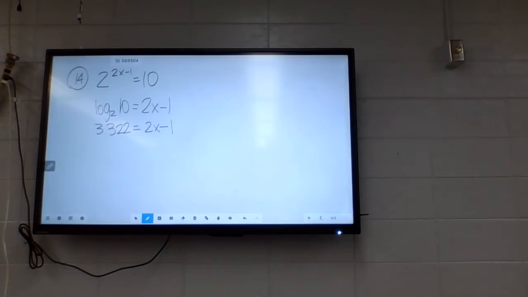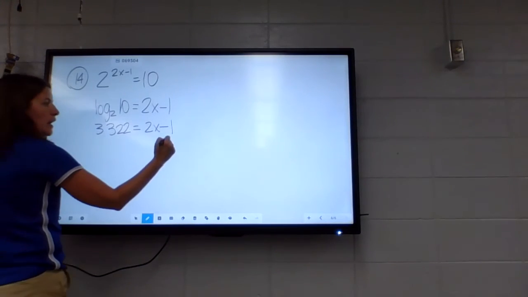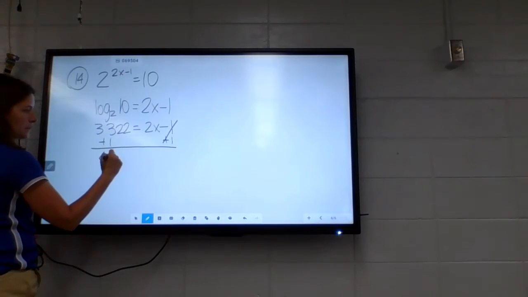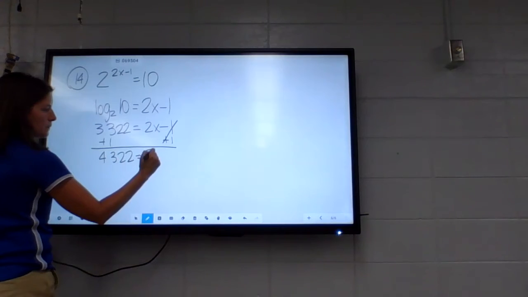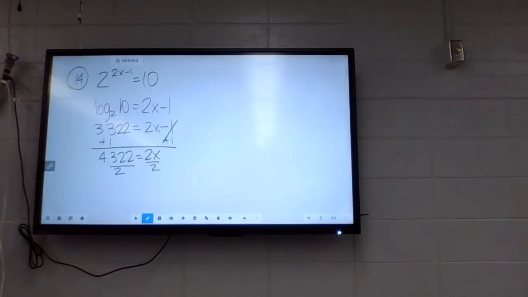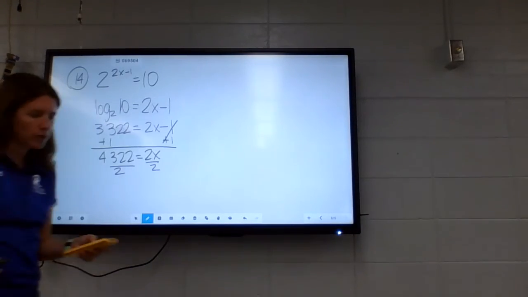So not a great number, but still something I can solve. I can move this 1 over. And then I'm just going to divide by 2. And I get like 2.16.